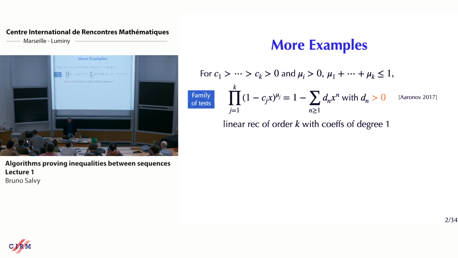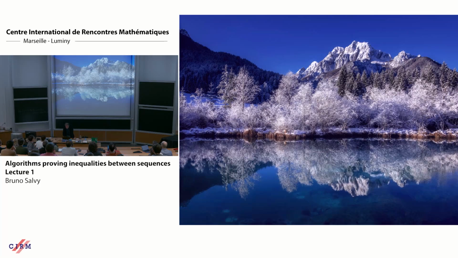More examples. There's this nice result by... no, I cannot. I don't know how... Aha. Okay. Yes. I'll try. I'm not sure I can do it, but I'll try. But I've been warned that it's not really a problem on my machine, right?